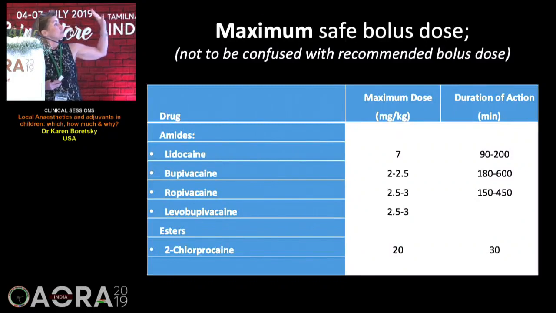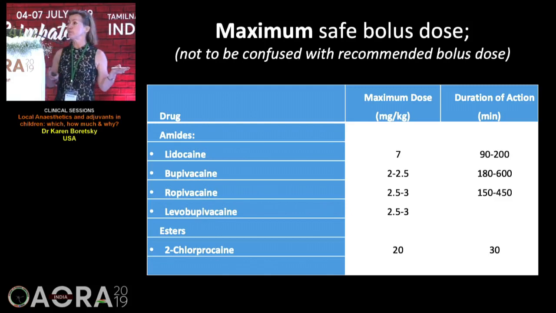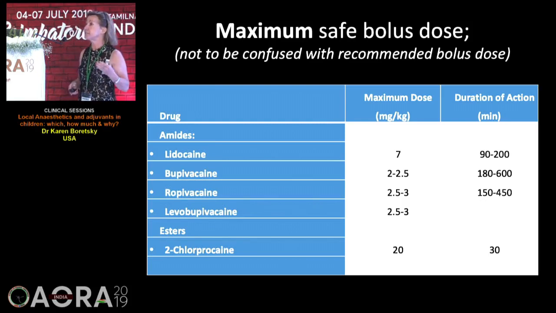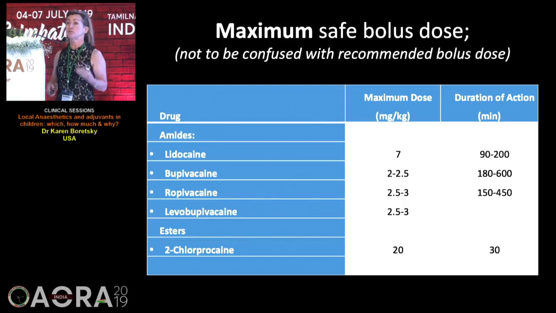So, in terms of maximum dosing, we see lidocaine, 7 milligrams per kilo, and in adults, we really don't worry so much about per kilo dosing. In children, because of safety margins and the likelihood of local anesthetic systemic toxicity, the most important thing we can do to be safe is make sure that we always calculate the dose of local anesthetic that we're giving, and make sure that we are not exceeding safe guidelines.